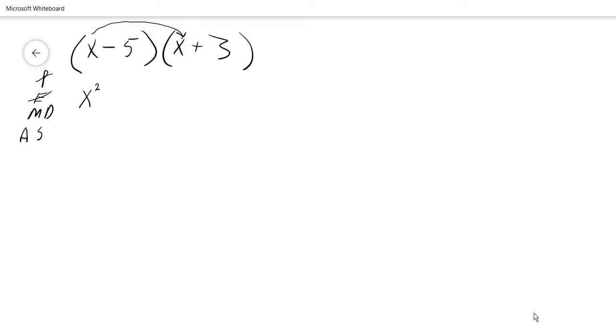In other words, four separate multiplications. I just did x times x is x squared. Now I'm coming over here and going positive times positive is positive. 3 times x is 3x. I like to do signs as a separate operation because, man, it is really easy to make a mistake with signs.